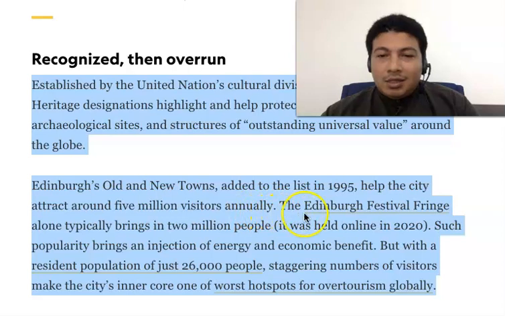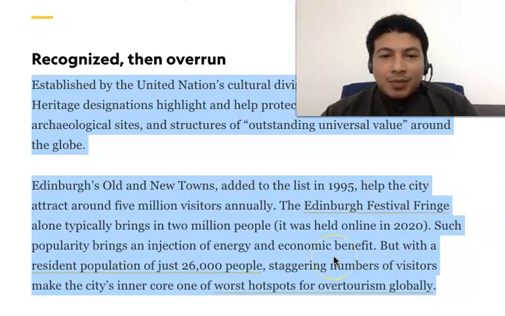And then there is the Edinburgh Festival Fringe, which brings in 2 million people. And such popularity brings an injection of energy and economic benefit. But with a resident population of just 26,000 people, staggering numbers of visitors make the city's inner core one of the worst hotspots for over-tourism globally.